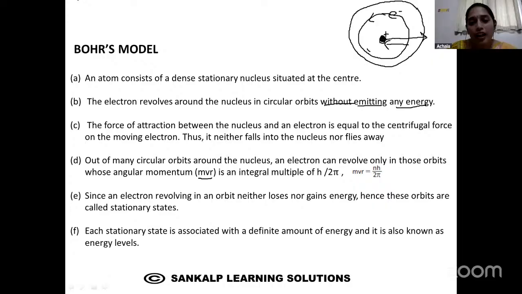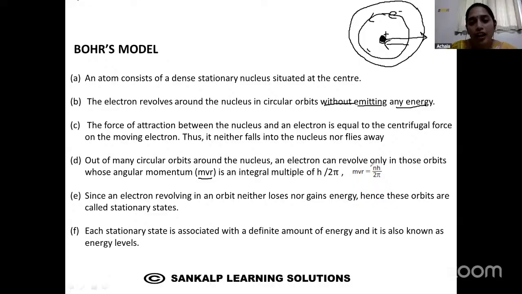So he says that, just like quantized energy, the angular momentum is quantized. Meaning, after studying first standard, we have to be promoted to second standard; there is no 1.5 standard or 1.2 standard.